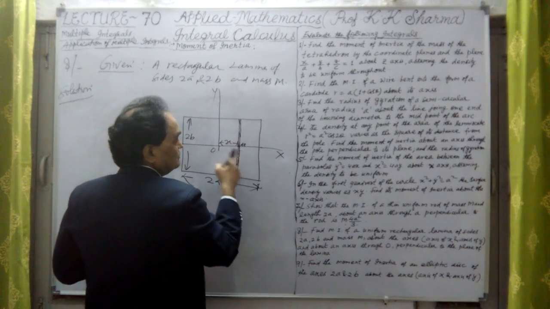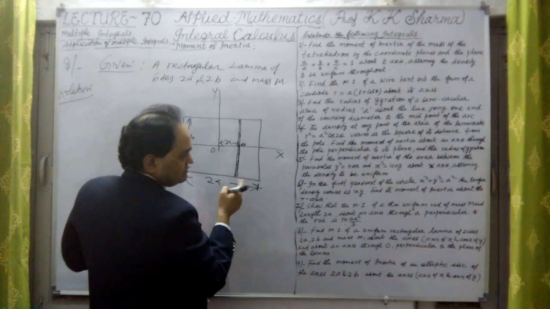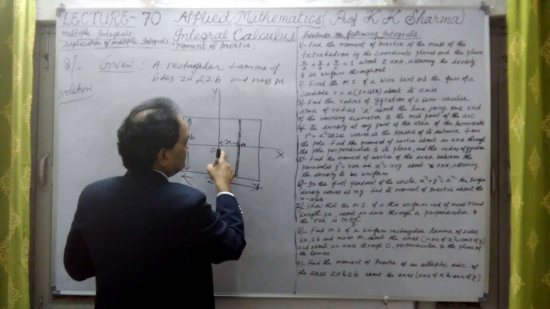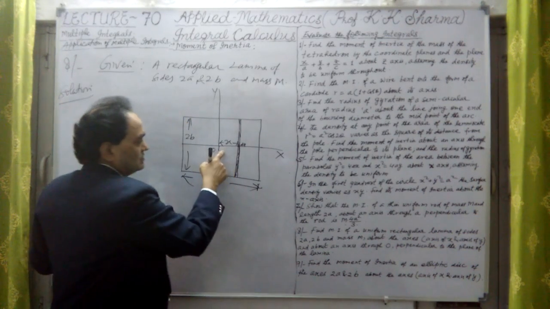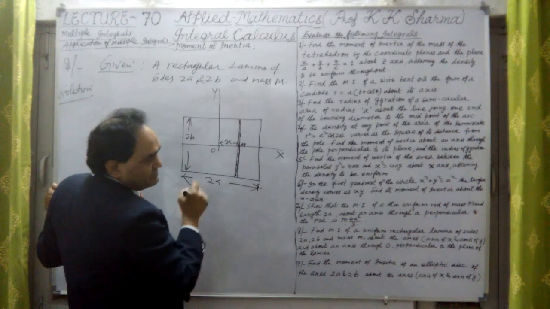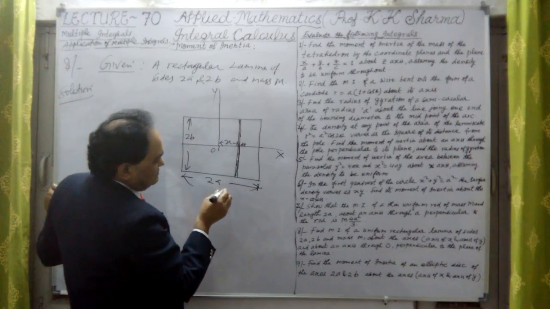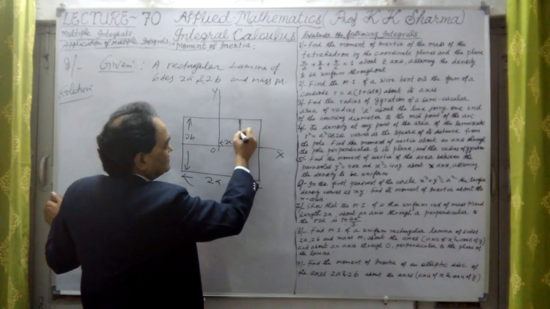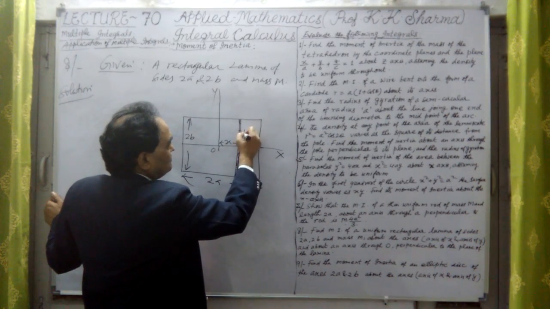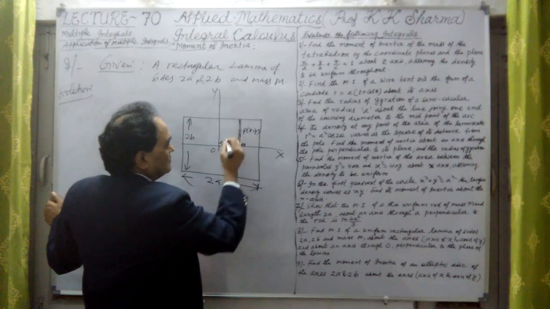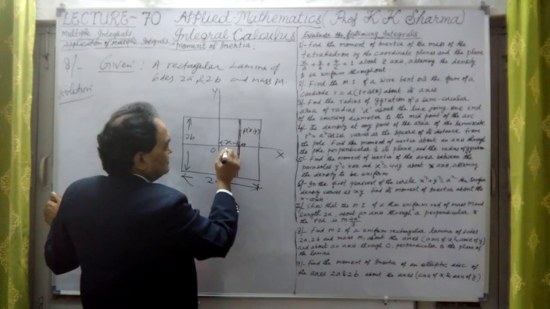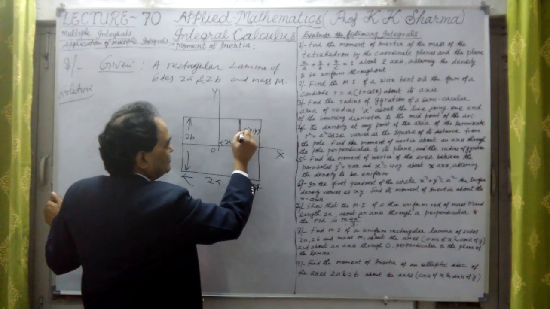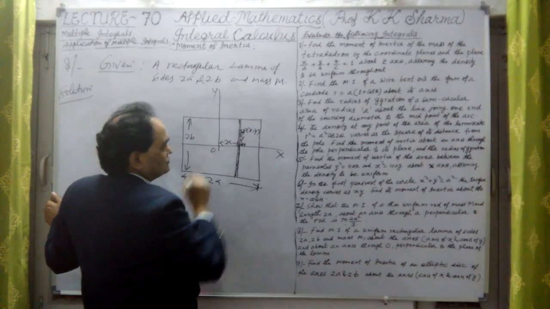Then we have to first find out the MI, moment of inertia, about the axis of x. This is axis of x here. About the axis of x, if we have to find out, this will be y square. But about the axis of x, there is a point here that we take, point P(x, y). So P(x, y), this is x coordinate, this is y coordinate up to this point.